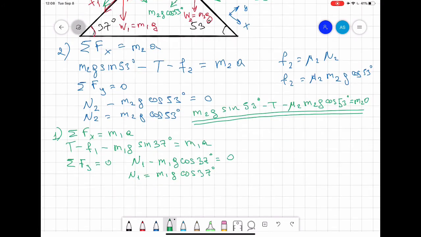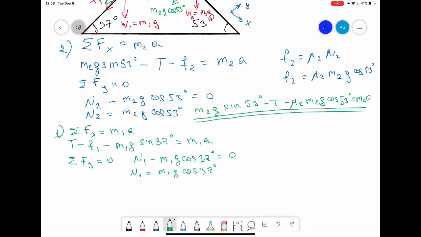What about the friction? Now the friction 1 is equal to mu1 times normal force, or mu1 normal force 1, which is equal to m1g cosine 37 degrees.